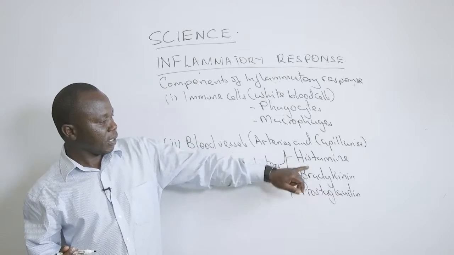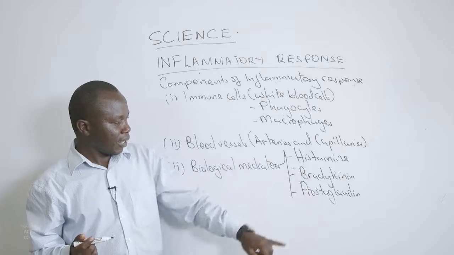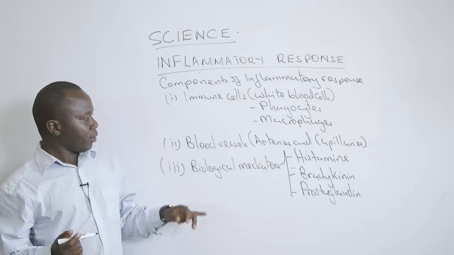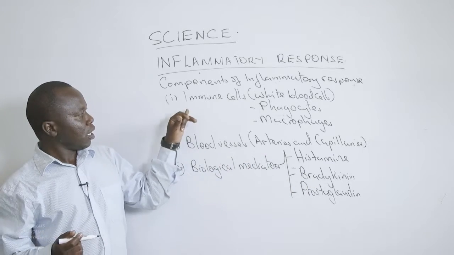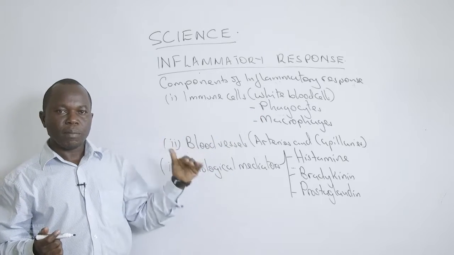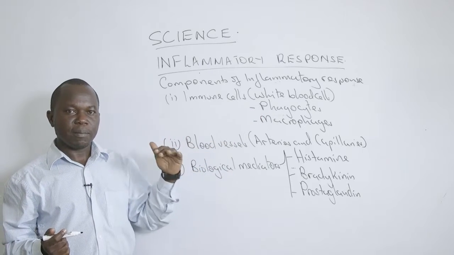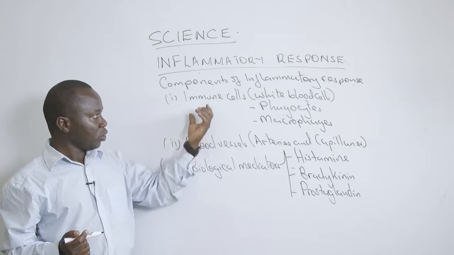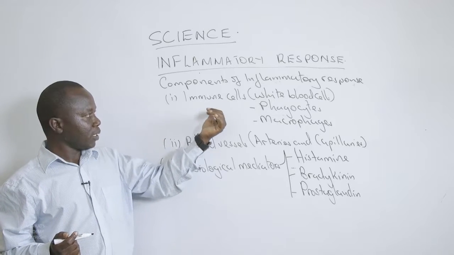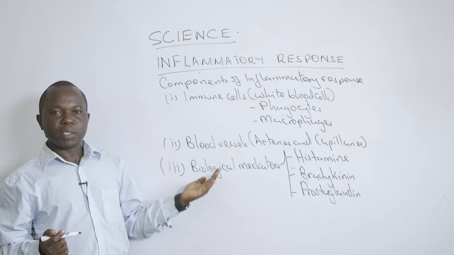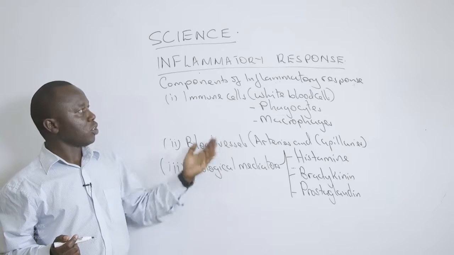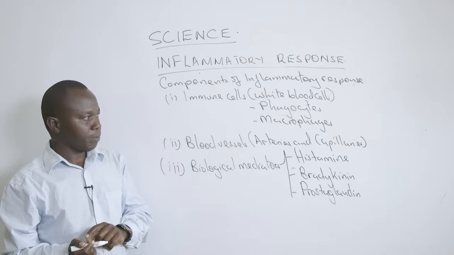So I want to find out how histamine, bradykinin, prostaglandin, together with blood vessels and immune cells, will be involved in the inflammatory response. So first of all, we must know the components because this forms the foundation of inflammation.